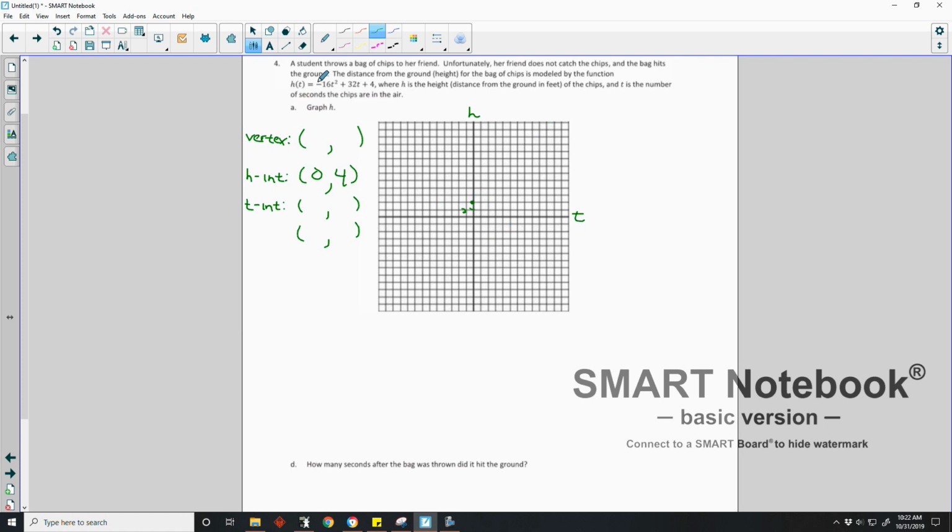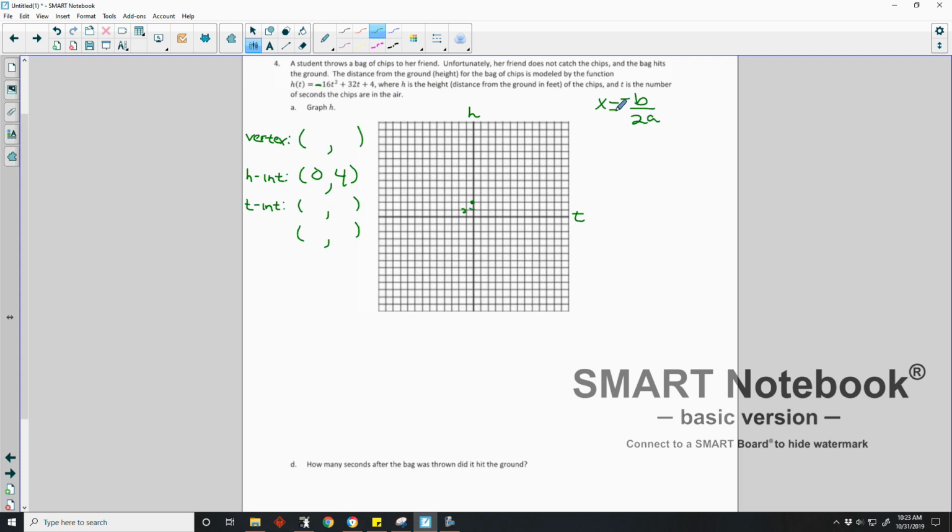We know that a is negative. This negative right here tells us the parabola is going to look like this. So we know the shape of the parabola just by a, opening down. Okay, so the next thing we need to do is find the vertex. The vertex is x equals negative b over 2a.